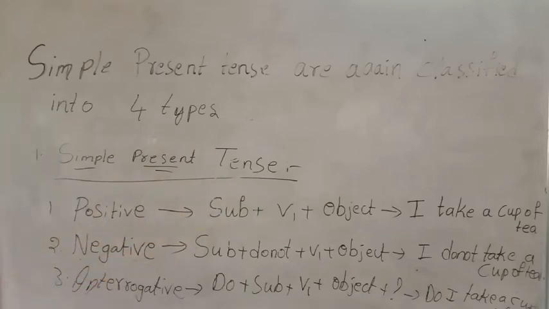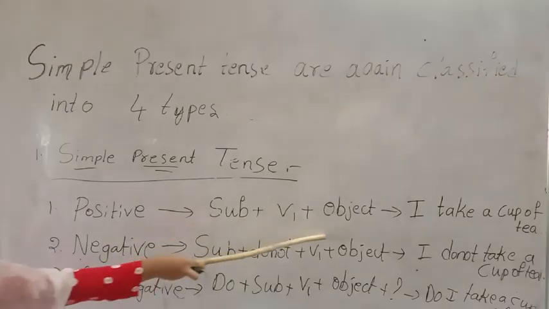I, the first person, you, second person, and the plural forms, that is we, they, and other plurals. Suppose students, birds, all these can be taken as subjects here. That is rule number 1 for simple present tense.